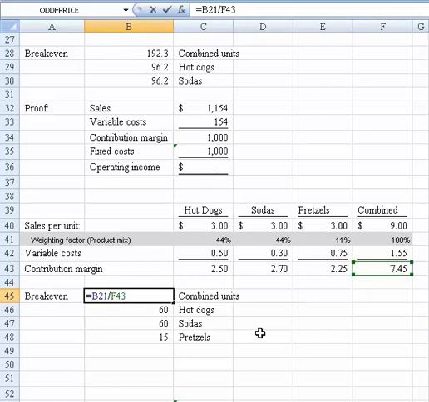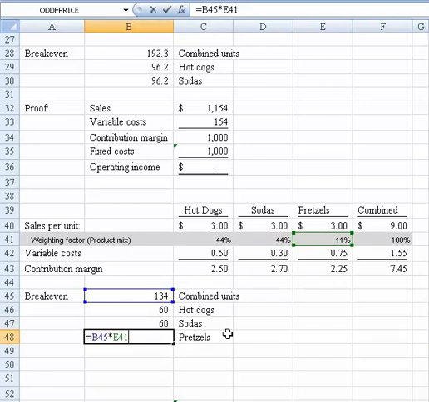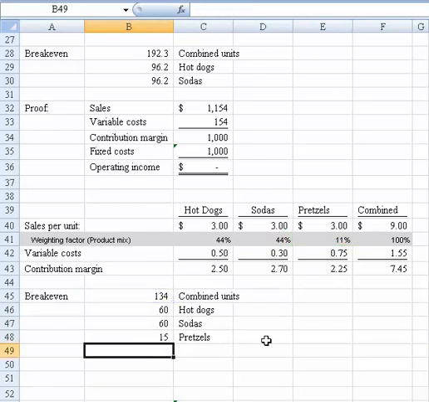You can't see it on your screen, and divide it by the new contribution margin, which is now $7.45. Then we need to split it based on the ratios. So of 134 combined units, 60 are hot dogs and 60 are sodas. And then 134 times 11% means we're going to sell 15 pretzels.